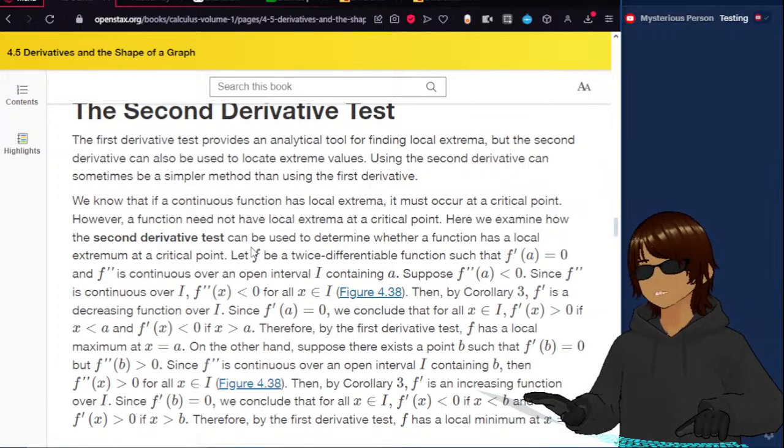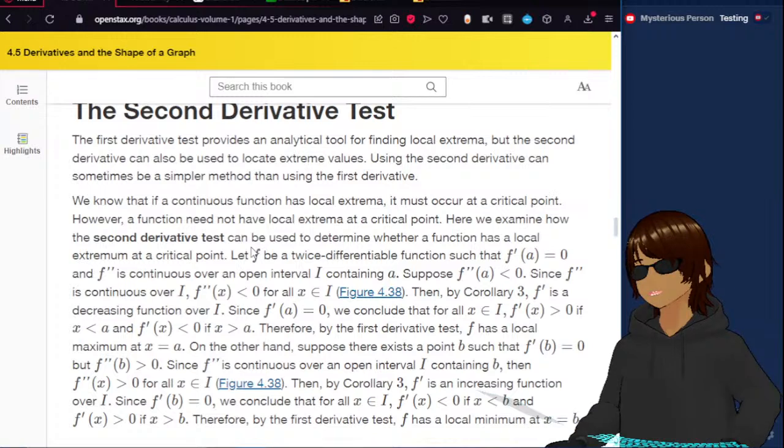Let f be a twice differentiable function such that the derivative at a is 0 and the double derivative is continuous over an open interval I containing a.